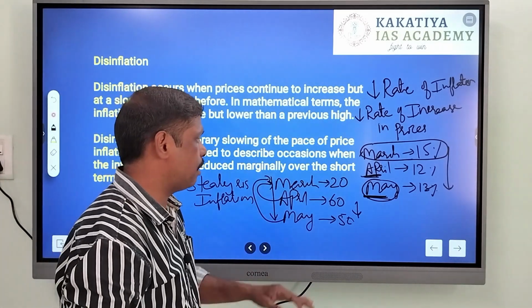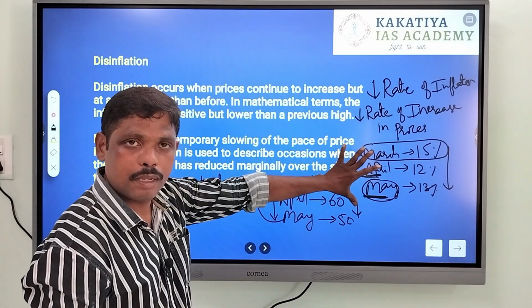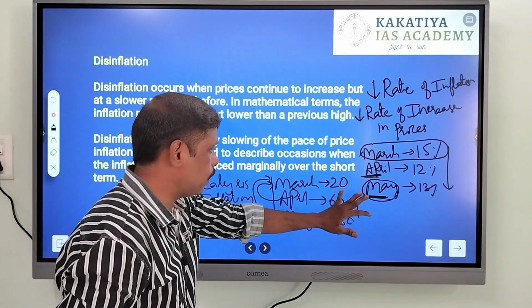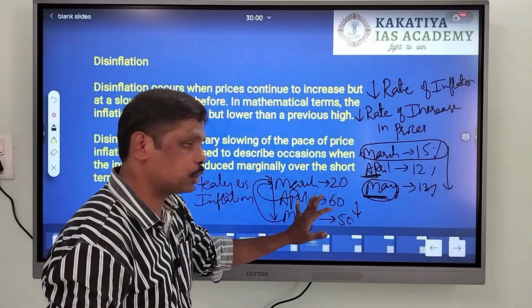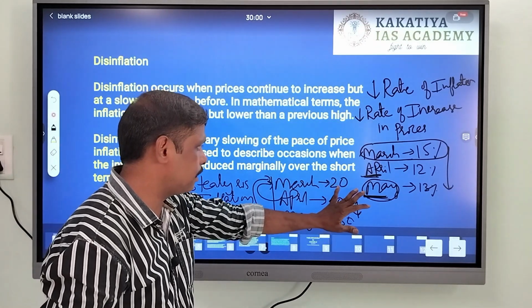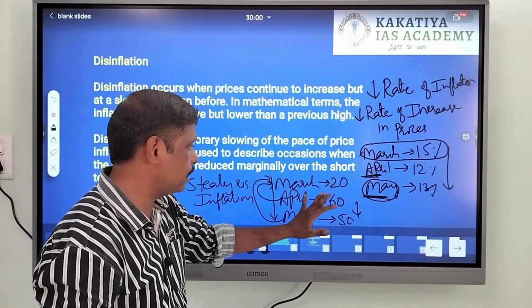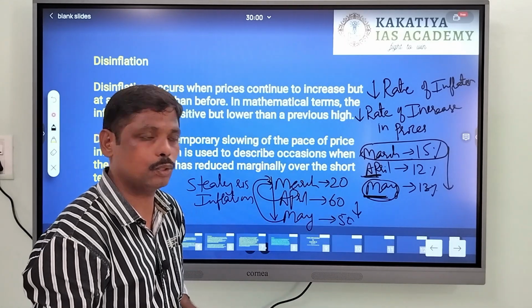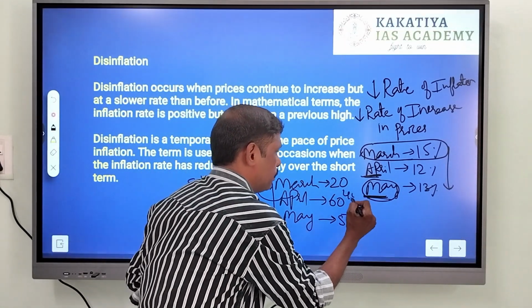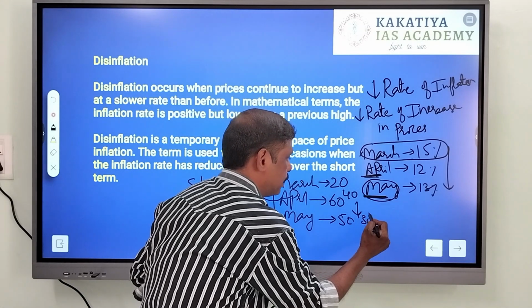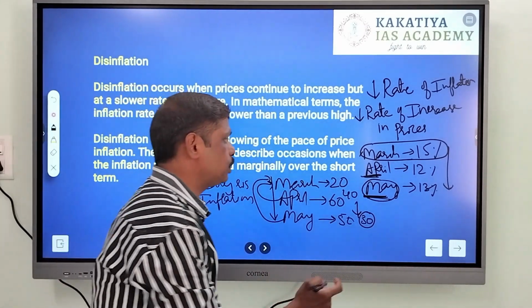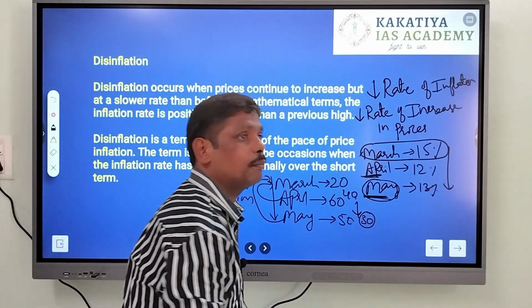The rate of increase in prices was 40 rupees between March and April, but compared to March, the rise in prices in May is only 30 rupees. So here it is a 40 rupee increase and here it is a 30 rupee increase when compared to the base period. That means the rate of increase has come down.